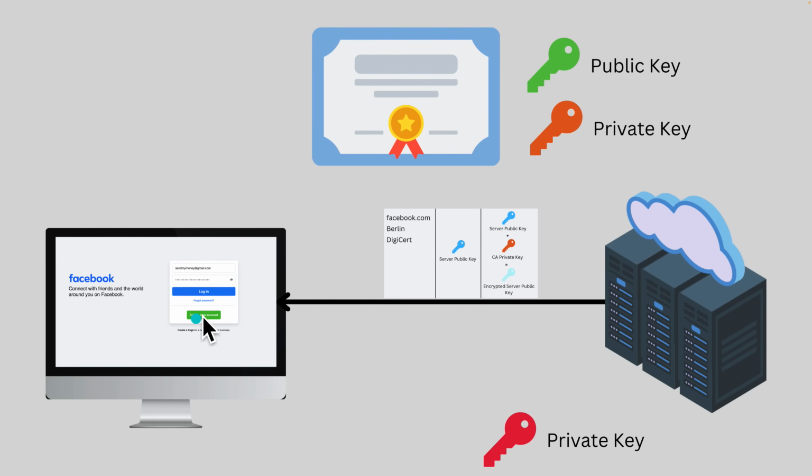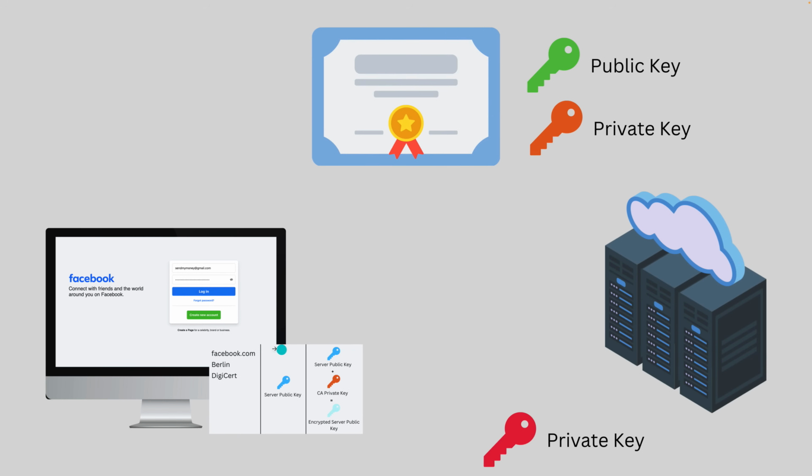Now, this is what our machine is going to do in order to 100% validate that the server public key is actually coming from our server and not some malicious user. It's going to take this certificate, so now it has this information, and it's going to take a look at who issued this certificate. In this case, it is DigiCert.